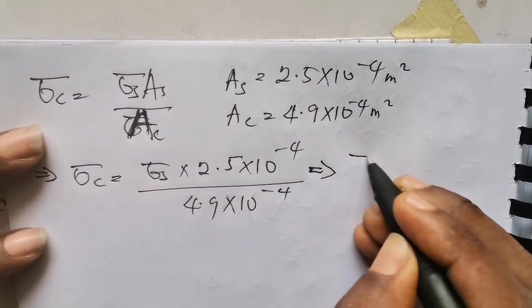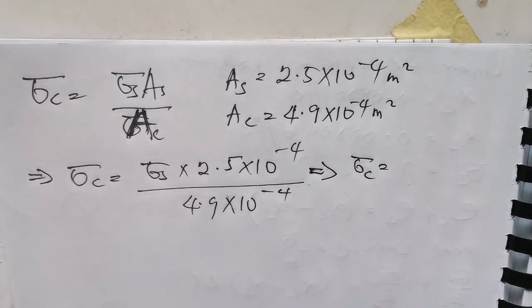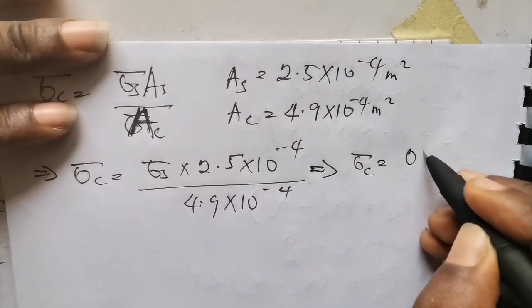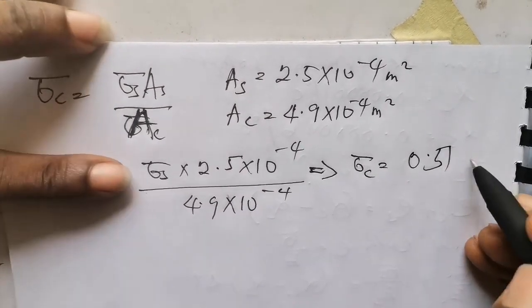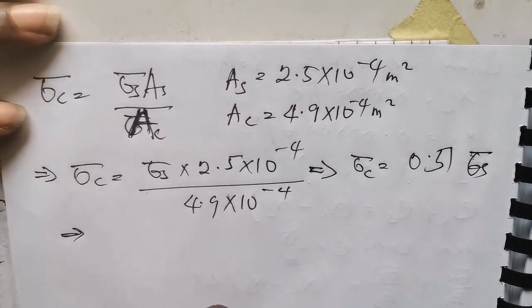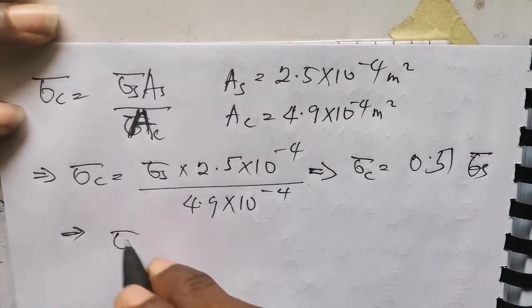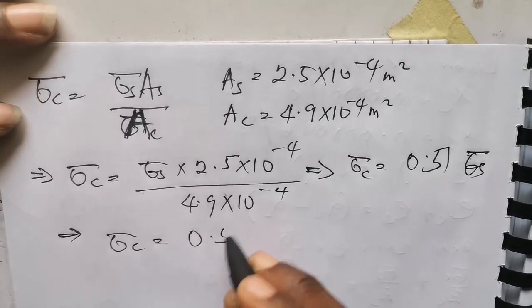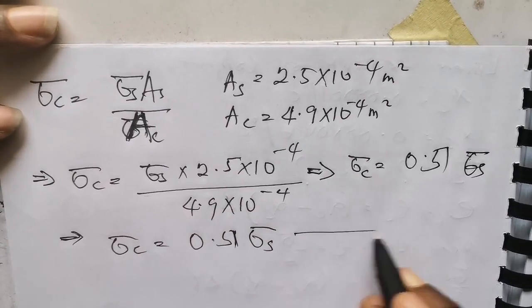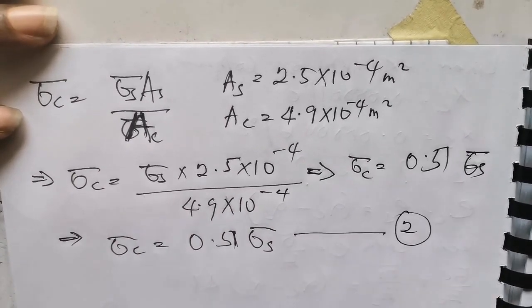Let's obtain that division now, and that gives us 0.51 stress of steel. So this simply implies that the stress of copper is equal to 0.51 the stress of steel. Okay, so let's call this equation 2.